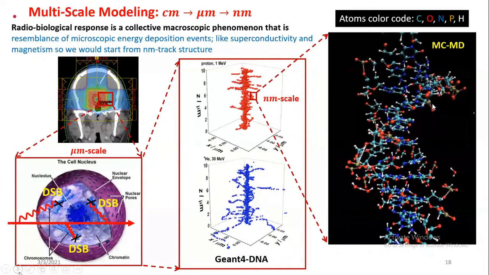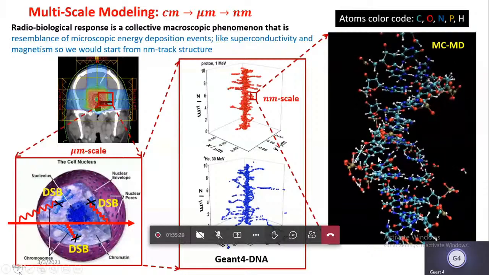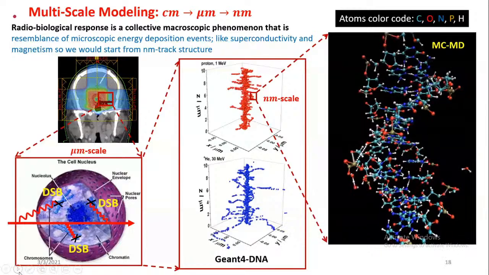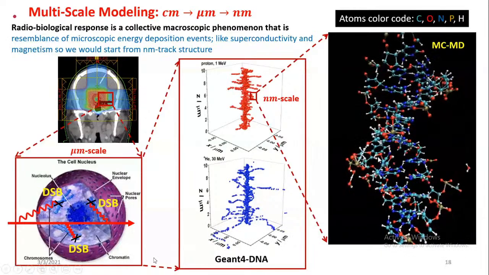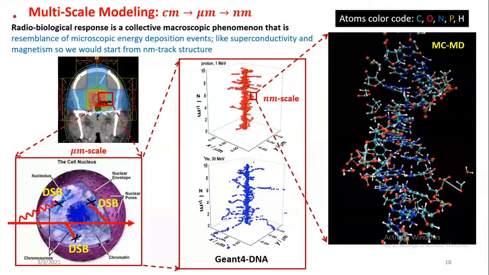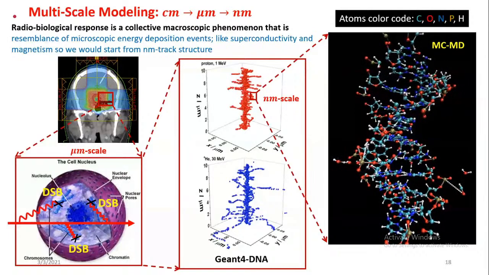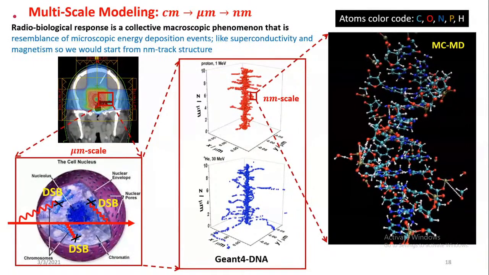This slide covers the same general ideas that I pointed out in my previous slide. The movie in the right corner is an animation of the DNA damage and DSB formation after deposition of energy and ionization of the DNA environment by a track of proton and formation of the OH free radicals.